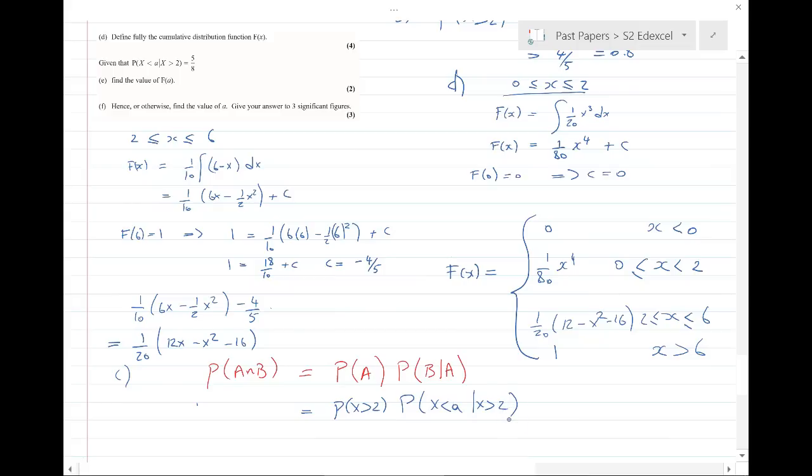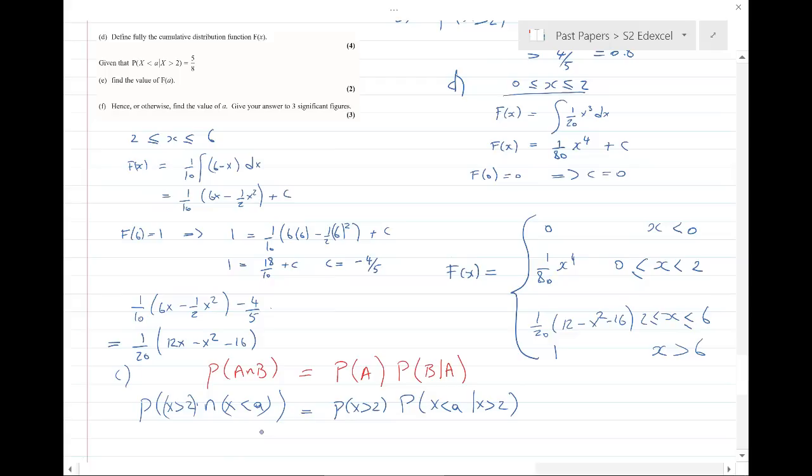If we multiply those two numbers together, and remember we're given this number, then that gives us the probability that both of these occur. So A and B occur. I've written it out in a slightly confusing way, but it is correct.